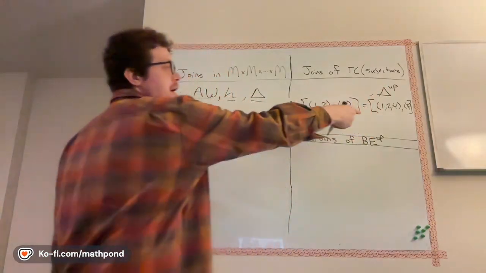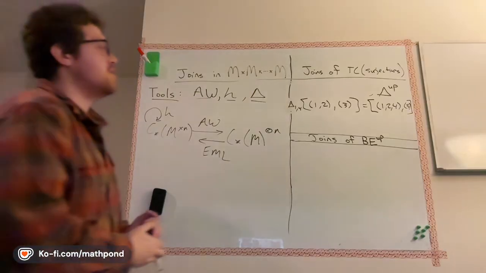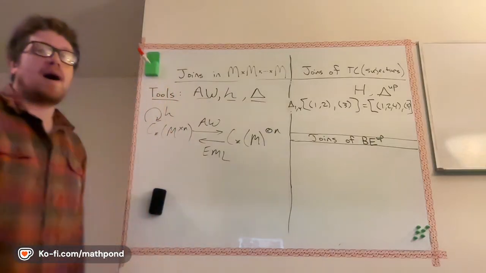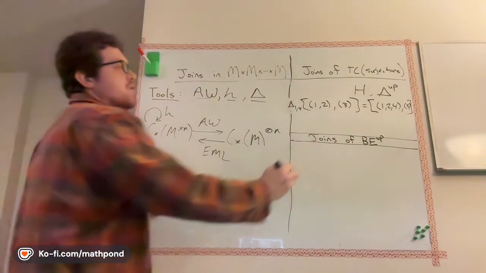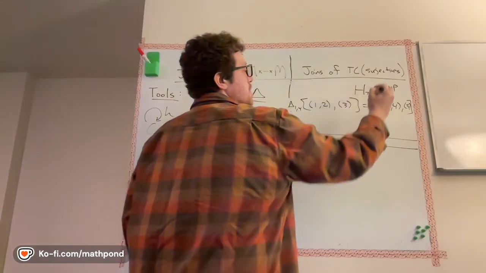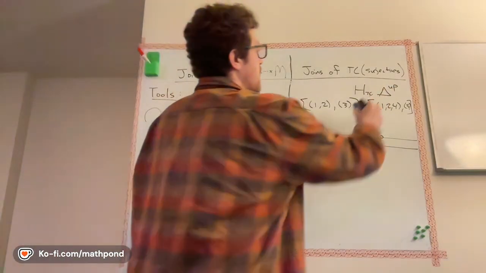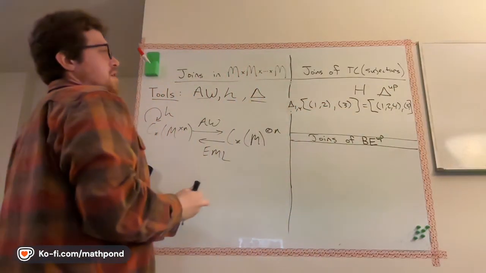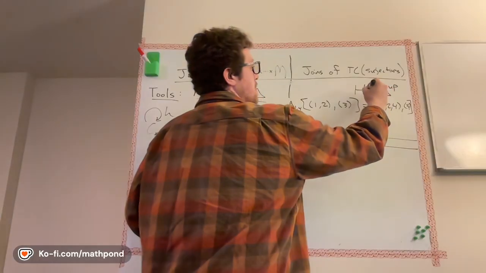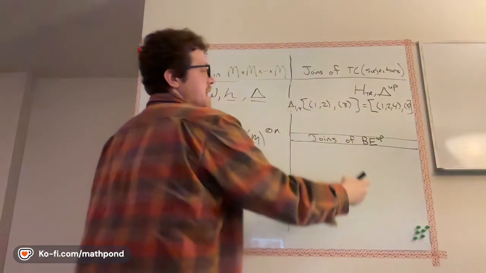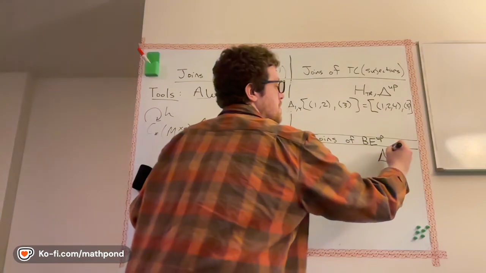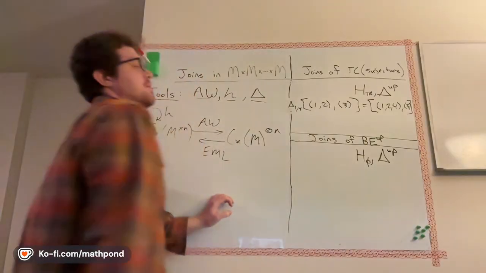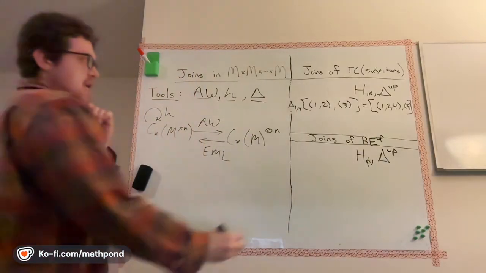On the operator side, we have a similar map, which I'll call the operator TR, just to differentiate it from something I'll talk about later. I'll write this as H phi or something. It's a different H map.